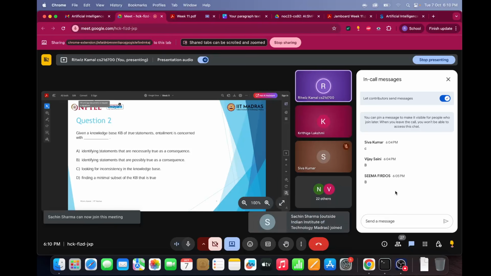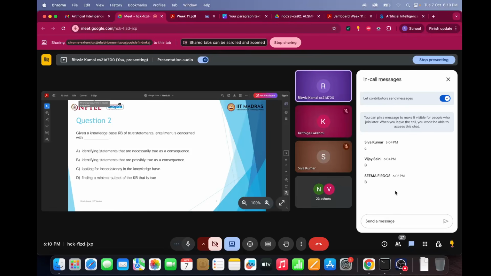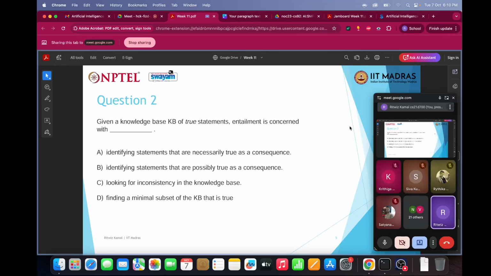A is actually the correct answer because entailment is concerned with deducing statements that are necessarily true given a knowledge base. Obviously, C and D are not at all concerned with what we have.